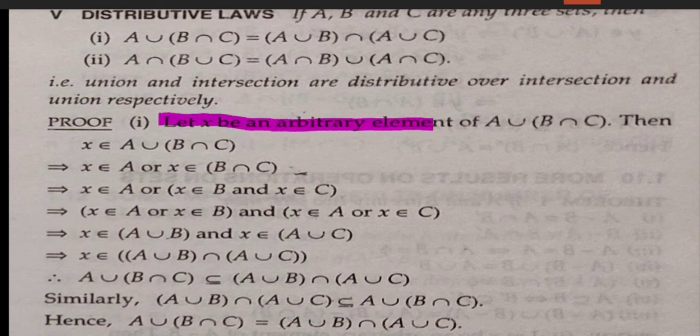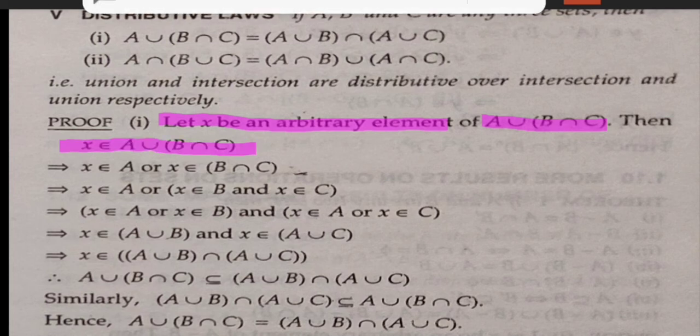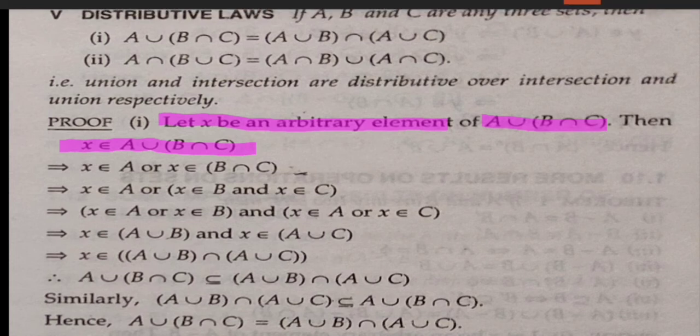Now let us consider the first one. Let X be an arbitrary element of A union B intersection C, then X belongs to A union of B intersection C. Now X belongs to A or X belongs to B intersection C. Therefore X belongs to A or X belongs to B and X belongs to C. For intersection we are taking "and".